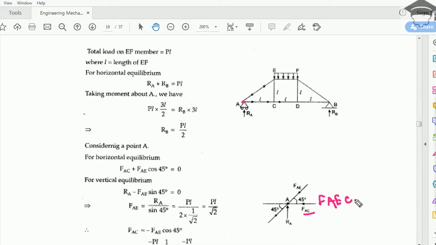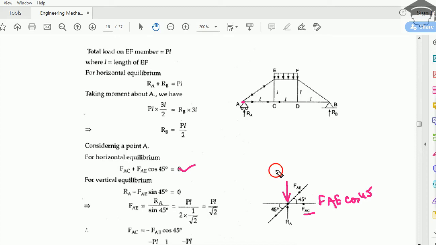You can take any sign for the normal reaction. You will get the magnitude correct. If it is coming negative, that means you have taken the direction wrong. That's it. But here, since I was considering this RA in plus direction only, I have taken plus RA plus FAE sin 45 is equal to 0.